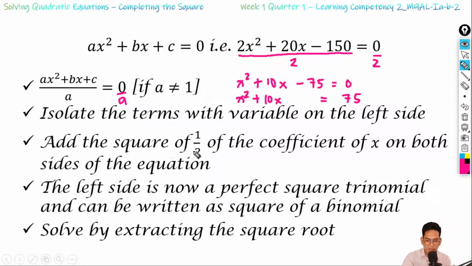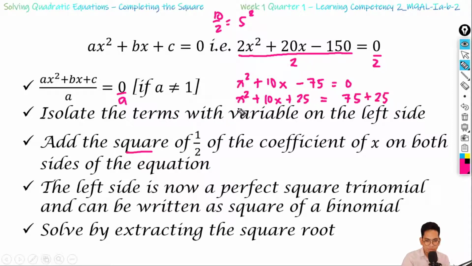Add the square of 1/2 of the coefficient of x on both sides of the equation. So that is the procedure that we have discovered on the last activity. We have to divide 10 by 2. We have here 10 divided by 2 giving us 5, and we have to square that. So therefore, we are going to add 25 to both sides of the equation.